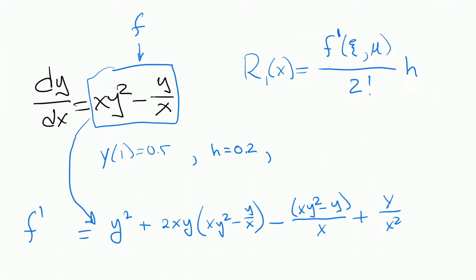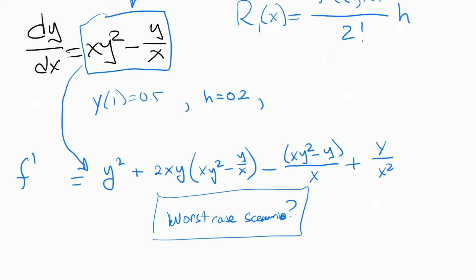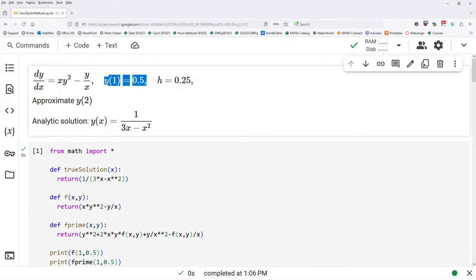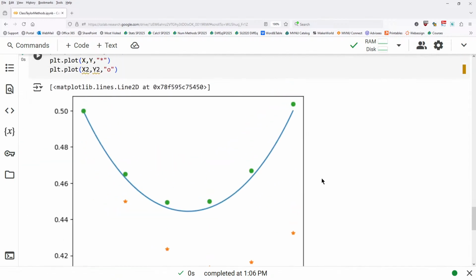Okay, so the tricky thing is, I want to know how big could this be? What's the worst case scenario? Okay, I'm going to be lazy with this, if you don't mind. Here's how I'm going to do the worst case scenario: I'm going to just pick numbers that are pretty big.